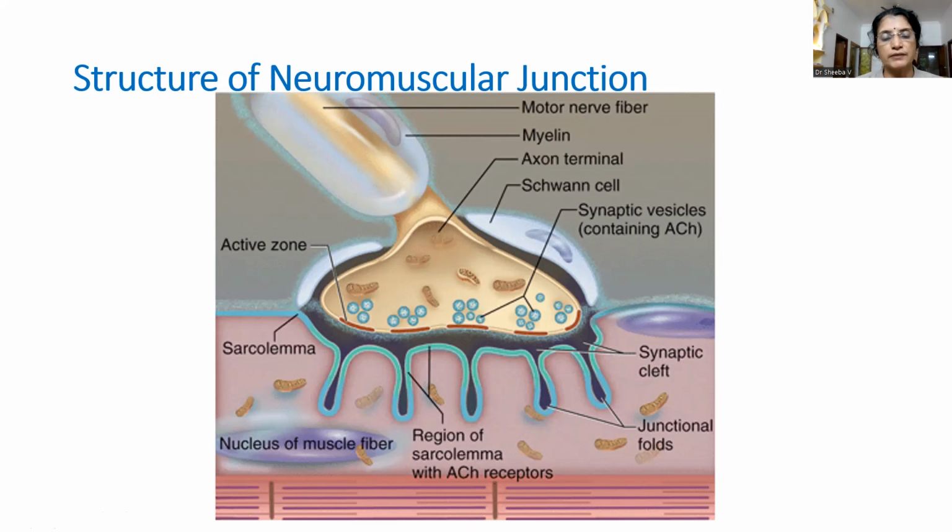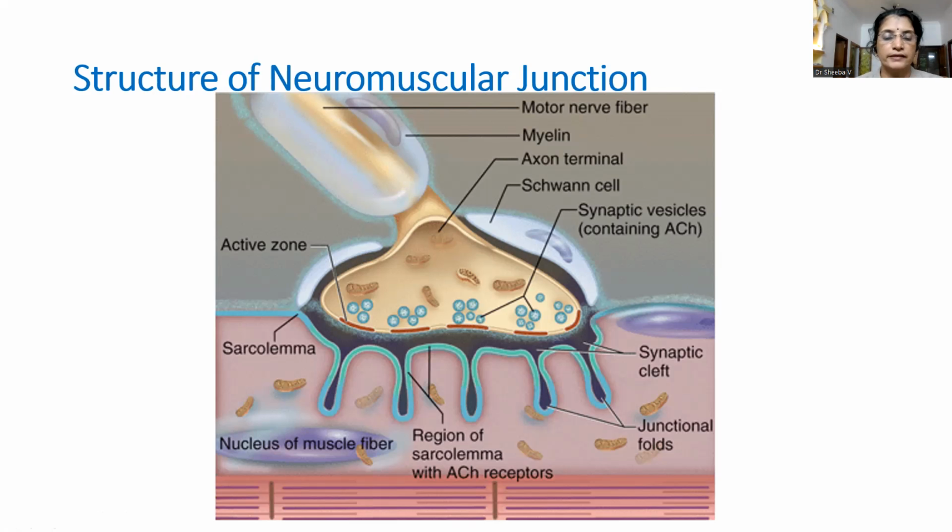The space between the presynaptic membrane and postsynaptic membrane is known as the synaptic cleft, having a width of about 20 to 30 nanometer. Through this synaptic cleft, the neurotransmitter is released.